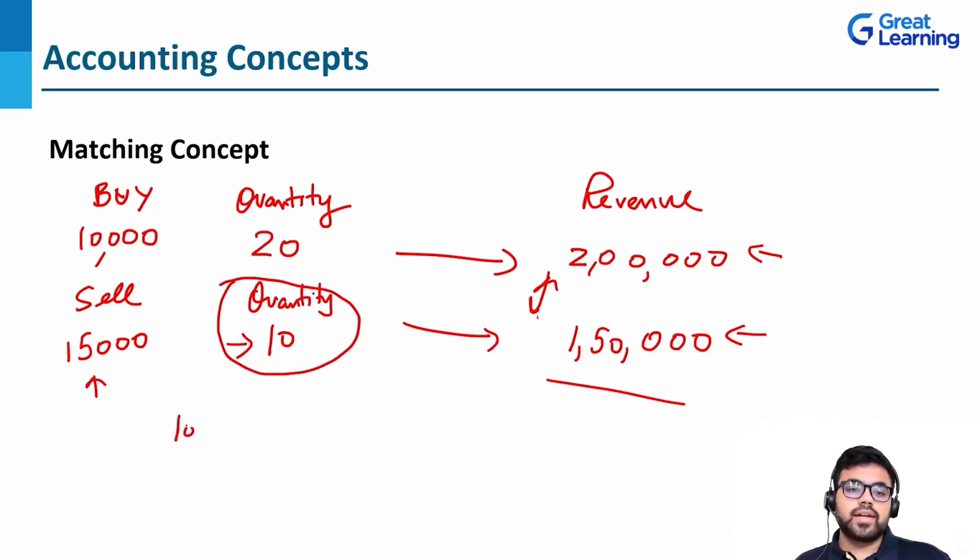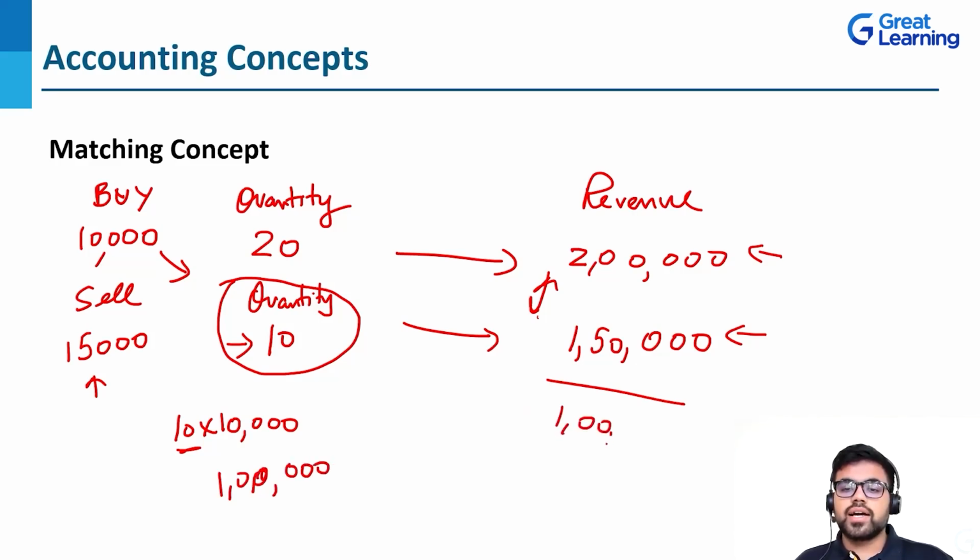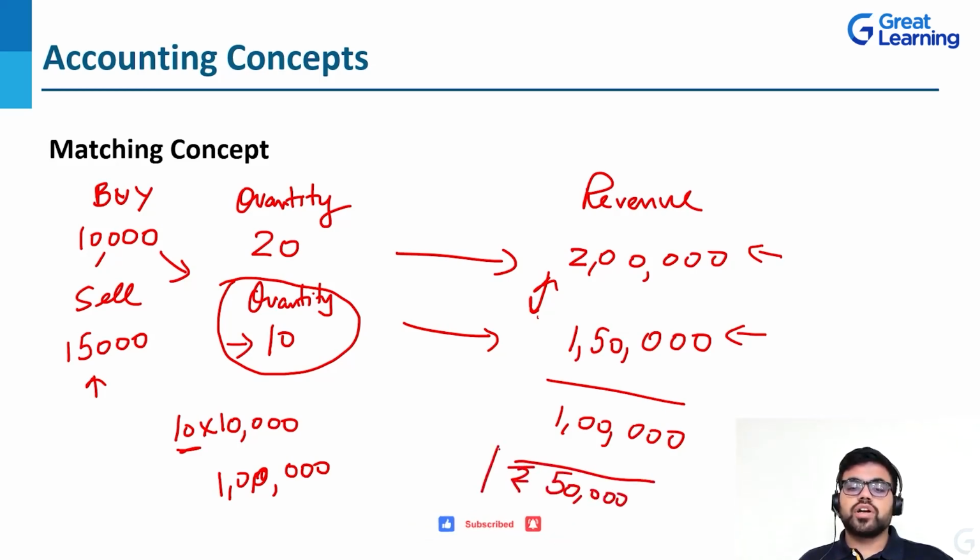That would be 10 into 10,000, since we bought it for 10,000 rupees. So the total cost for those 10 phones would be 1 lakh rupees, right? Now if I subtract that 1 lakh from the revenue of 1 lakh 50,000, I get a net 50,000, and that would be my profit, right?